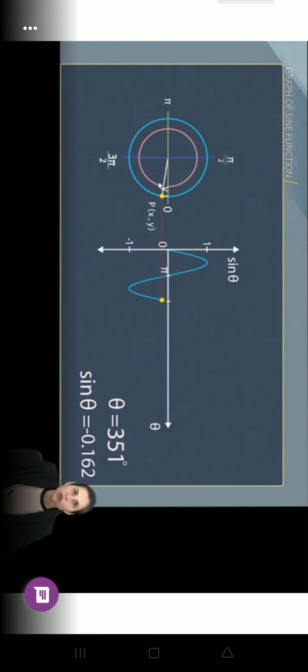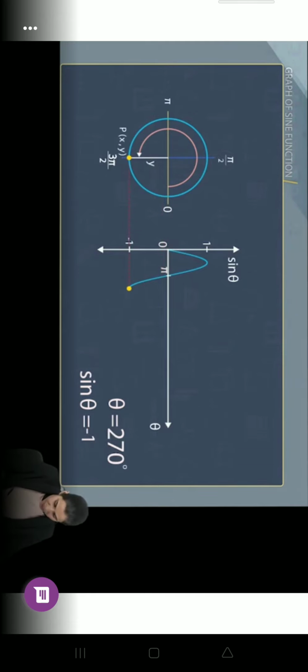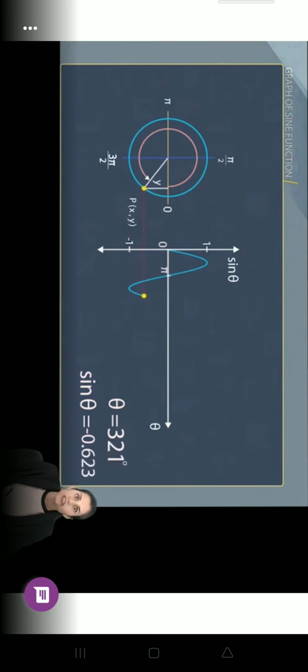And when one revolution is completed, that means when theta reaches 2 pi or P reaches again the point 1 comma 0, then sine theta is equal to y coordinate of P, which is 0. That gives you sine 2 pi is 0. So what have you observed? Tell me.